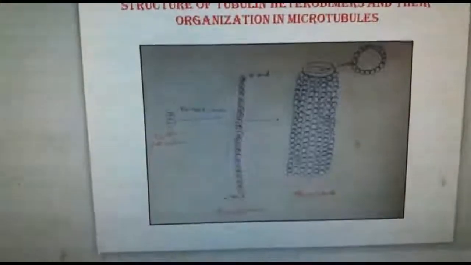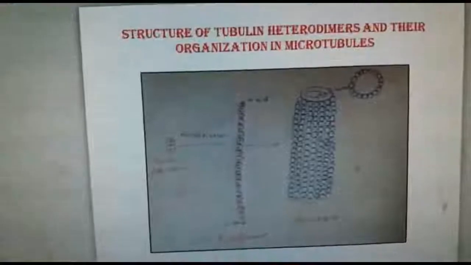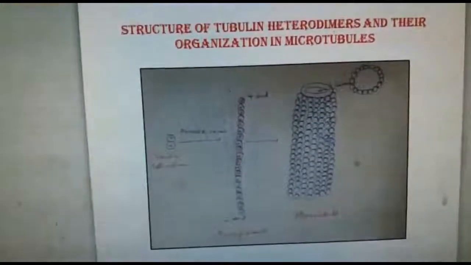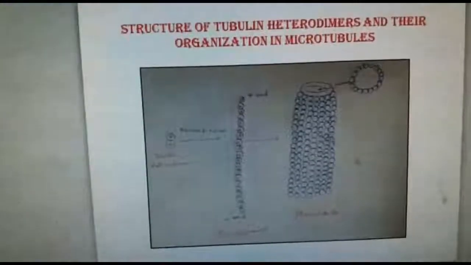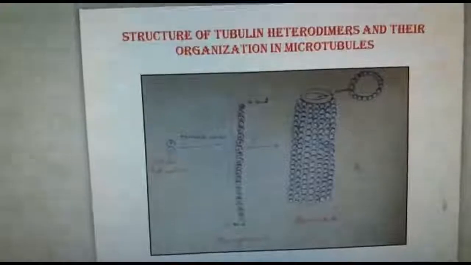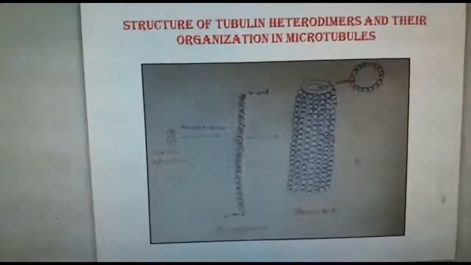A singlet microtubule made up of 13 protofilaments in cytosol is very common, but many specialized microtubule arrays also exist in which microtubules are fused along their lengths into doublet or triplet microtubule structures.